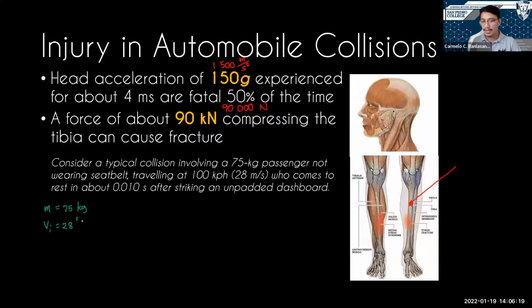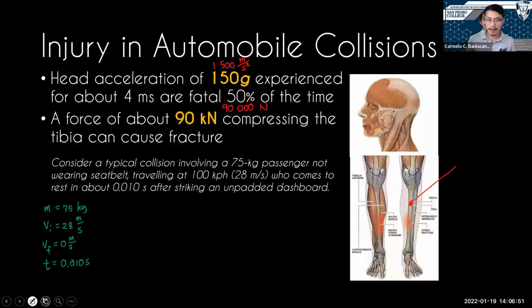That's 28 meters per second in standard unit. Who comes to rest? Because there is a collision, the car stops during the collision. So final velocity is 0 meters per second and comes to rest in 0.010 seconds. So that means the duration of impact is 0.010 seconds.